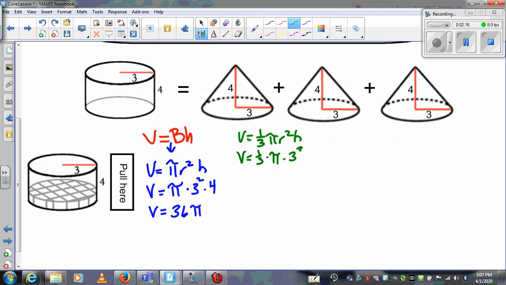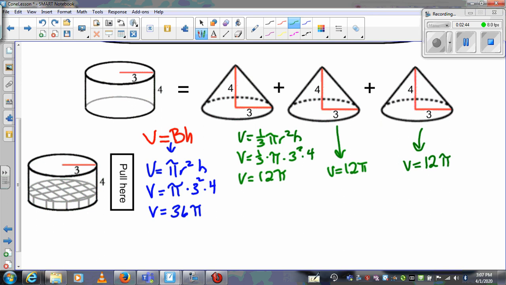So volume is equal to, let's see, 3 squared is 9. 9 times 1/3 would be 3, and 3 times 4 would be 12. So this would be 12 pi. Now this is also going to have the same volume. So this also has a volume of 12 pi. This, because it's the same size, also has a volume of 12 pi.